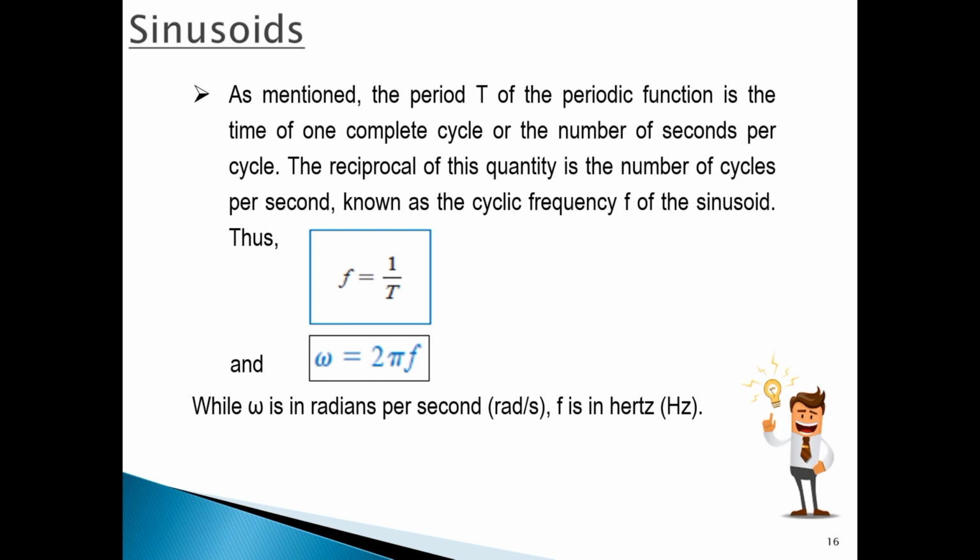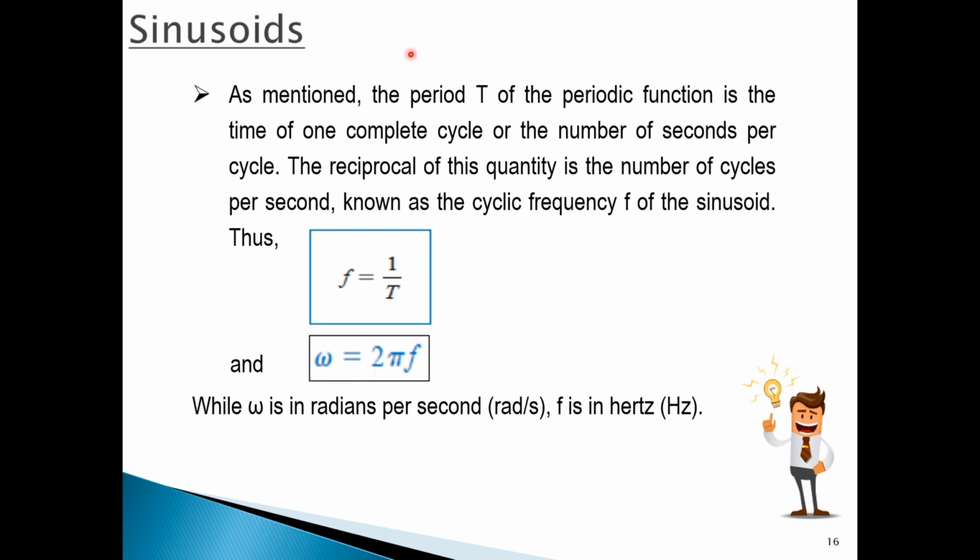As mentioned, the period T of the periodic function is the time of one complete cycle, or the number of seconds per cycle. The reciprocal of this quantity is the number of cycles per second, known as the cyclic frequency of the sinusoid. Thus, our frequency f is equal to 1 over T, the reciprocal of the period, and omega is equal to 2 pi f.